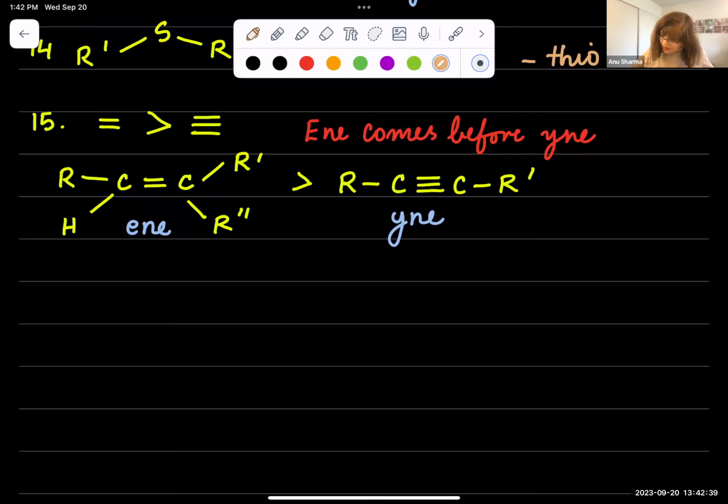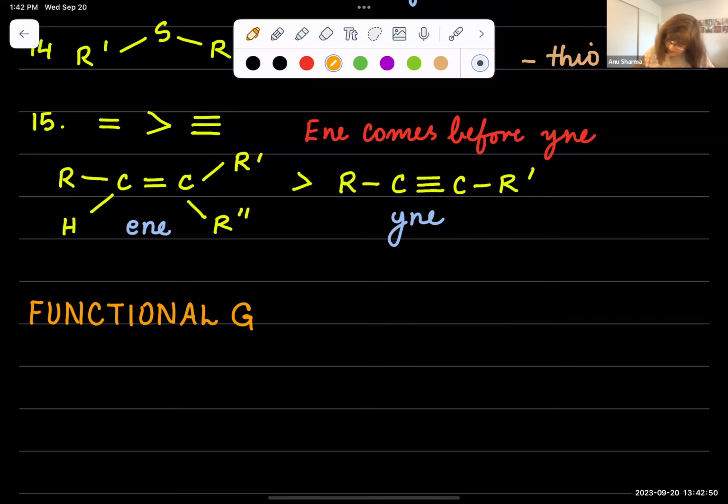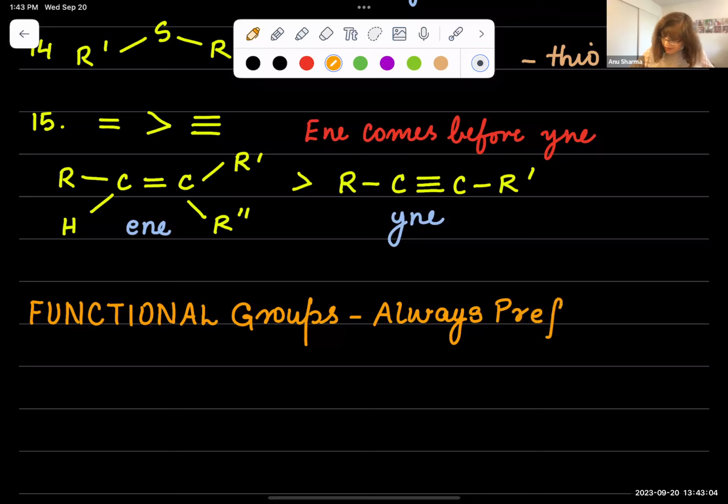These are the functional groups that are always prefixes, like they can never come at the end. Always prefixes are these.